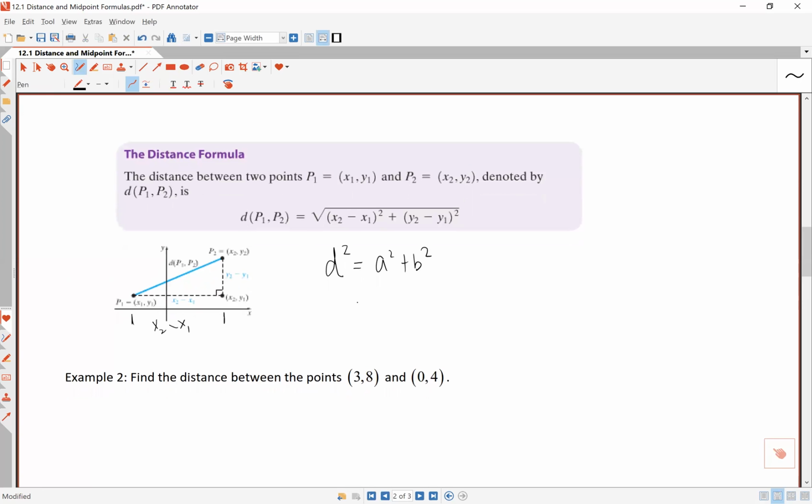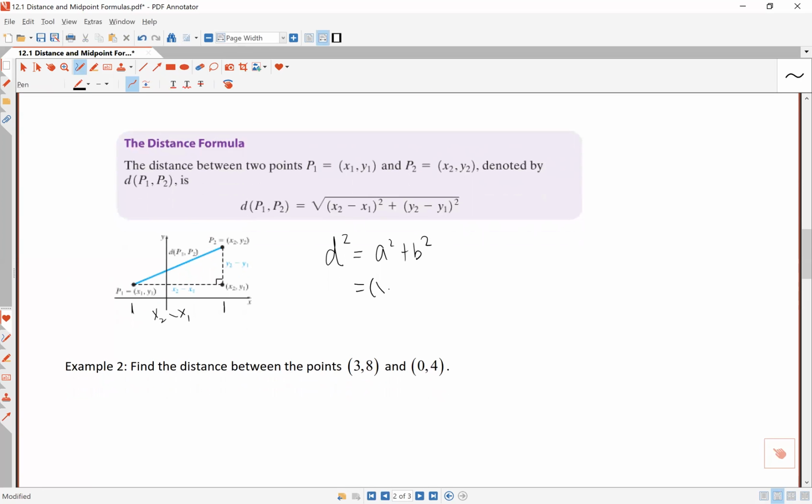And so that was our A value. Our B value is the larger y2 minus the smaller y1. We squared them, added them up, and then to get D, we had to take the square root of that. And so that's our distance formula.